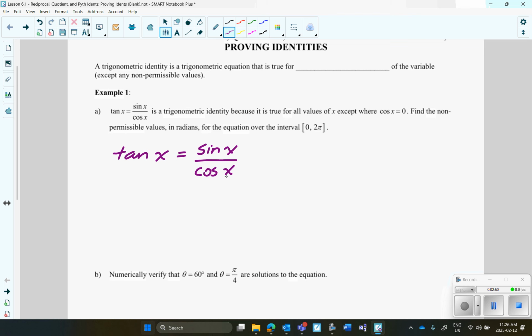I can use this expression as long as this is never 0. Cos x cannot be 0, because I can't do it then. Well, what value of x makes cos x 0? Well, think about it.